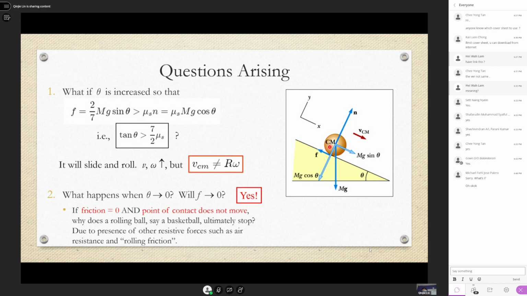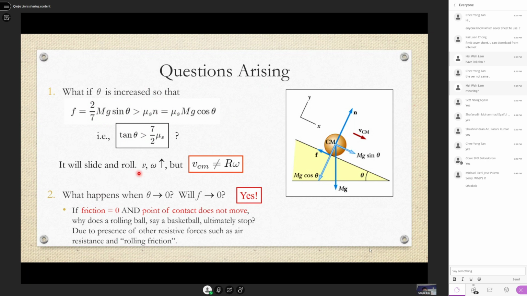In other words, you can imagine, so now the incline is like that, right? The ball is rolling down. So if you increase the incline, then the ball will roll down even faster, right? But at the same time, you will also overcome the friction already. So other than rolling, this thing will also slide down. Okay, slide and roll at the same time.